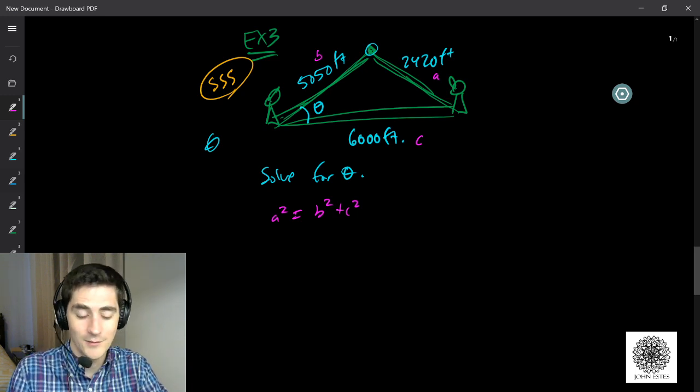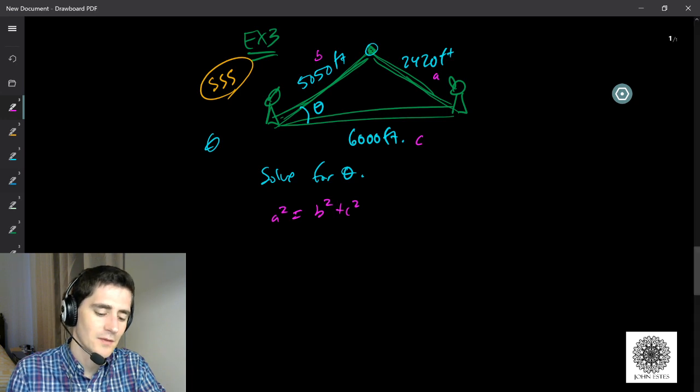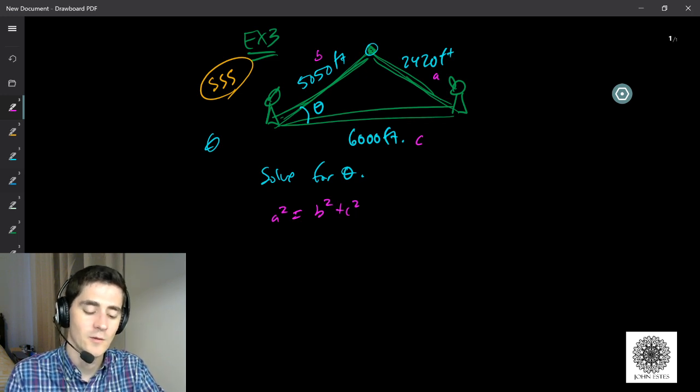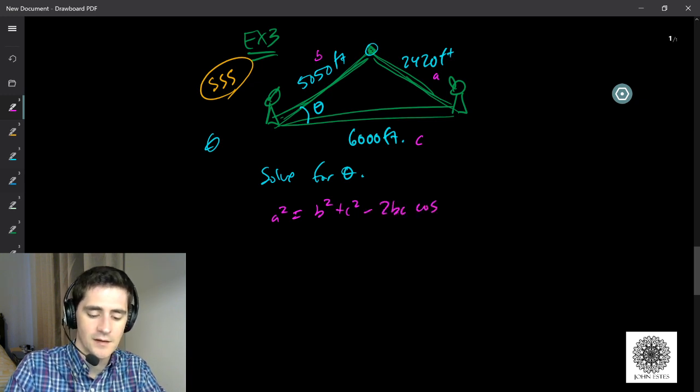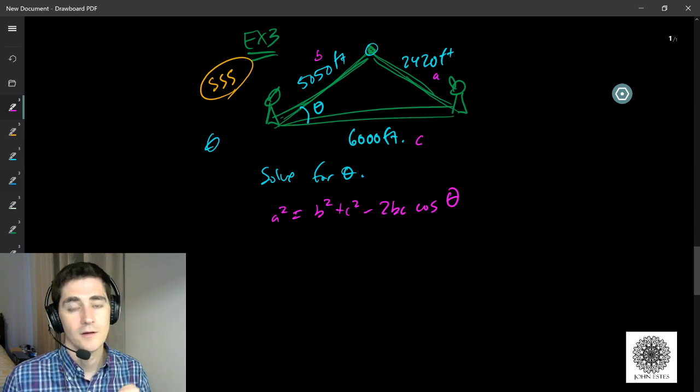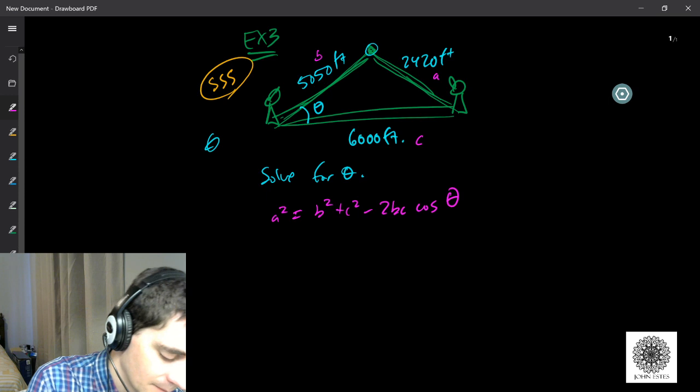Almost, I mean, that's not the whole thing, right? But why did I pick A squared first? Because I'm picking the side opposite the angle I want to solve for on the left-hand side of my equation here. So A squared equals B squared plus C squared minus 2BC cosine theta. See, I wanted the cosine theta in the equation. That's why I picked it in that order.